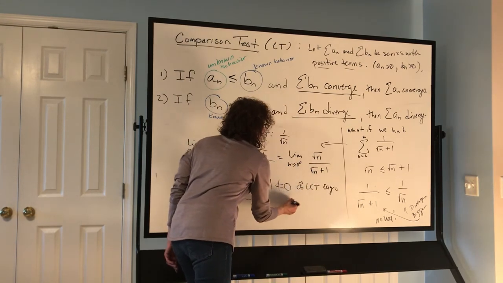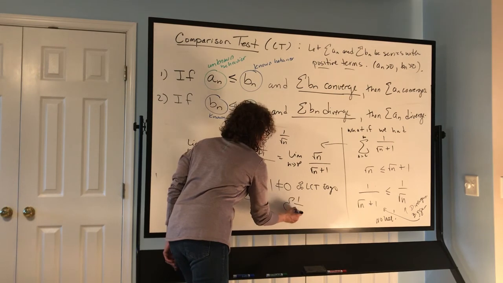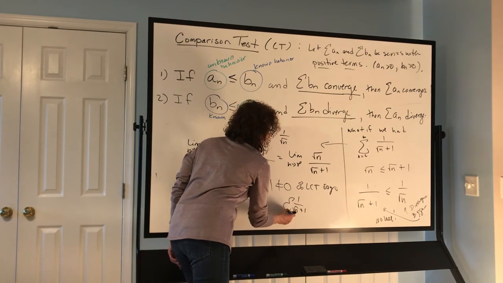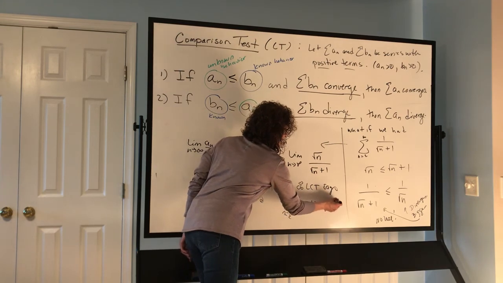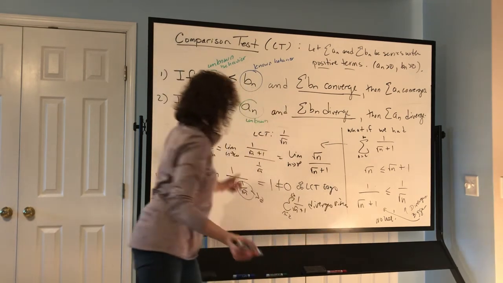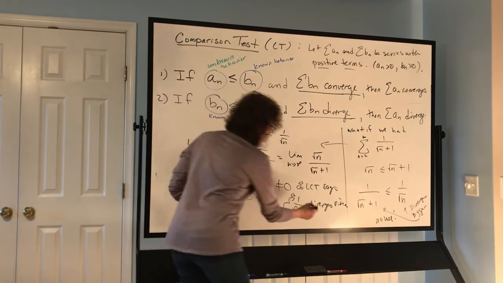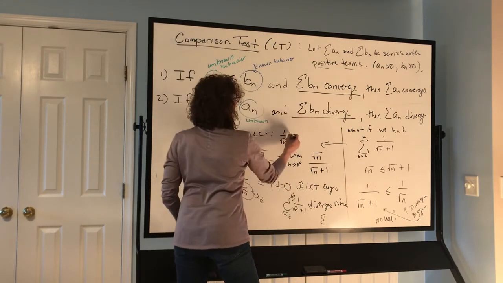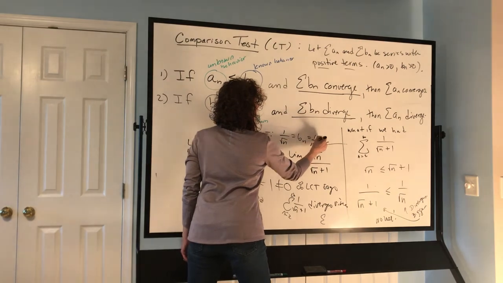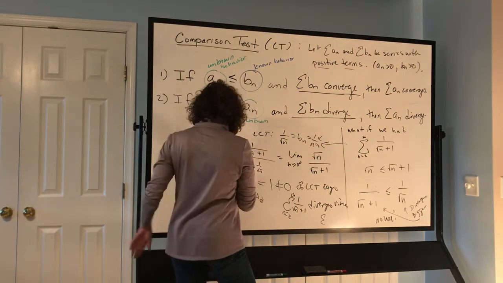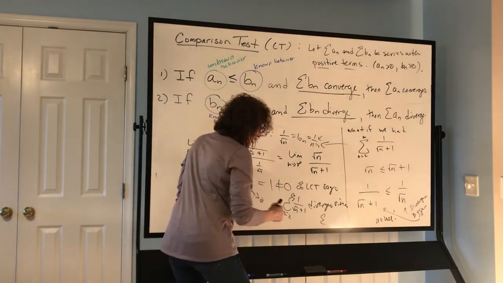Therefore, the limit comparison test says that this sum does what? Good, diverges. Since this guy we compared with, this is our bn, right? 1 over n to the 1/2, which is a divergent p-series, which we said 1,000 times today.